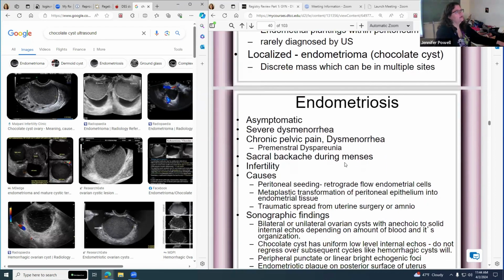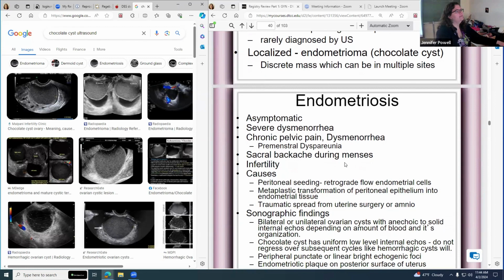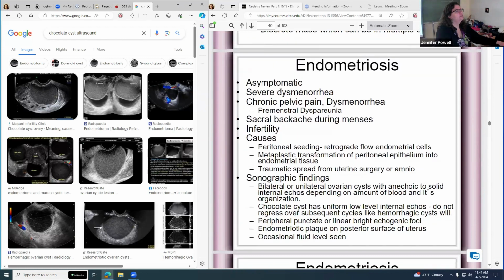All right. Endometriosis can be asymptomatic. It can also cause severe dysmenorrhea, which is severe pain, chronic pelvic pain, premenstrual dyspareunia. Dyspareunia, everybody knows, is painful intercourse. Sacral backache during menses, infertility.